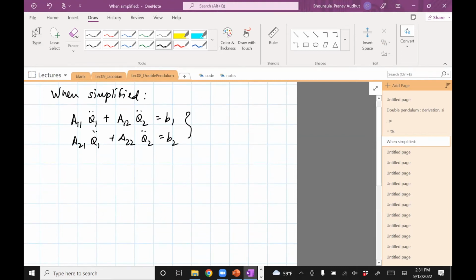So this will happen after simplification. Okay, so the A's are functions of theta 1 and theta 2. They'll only be functions of theta 1 and theta 2.